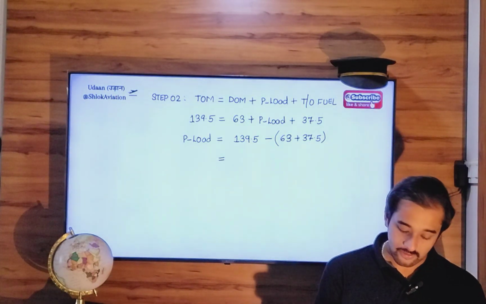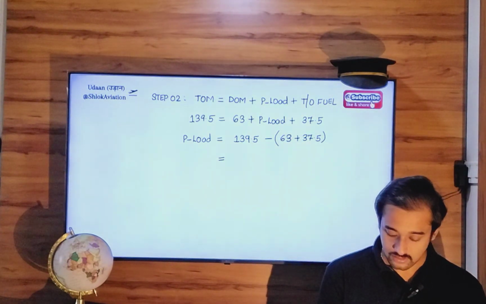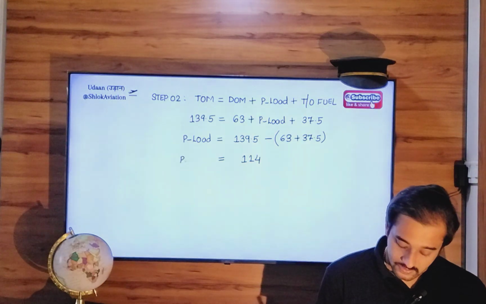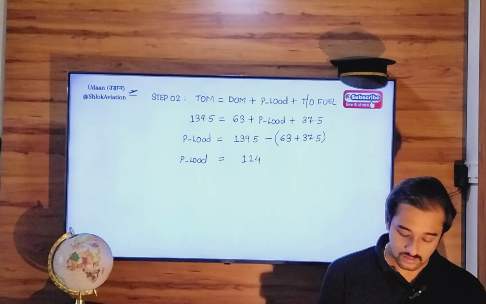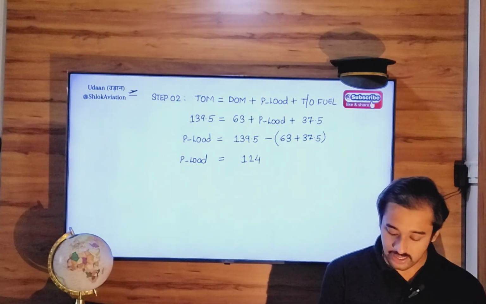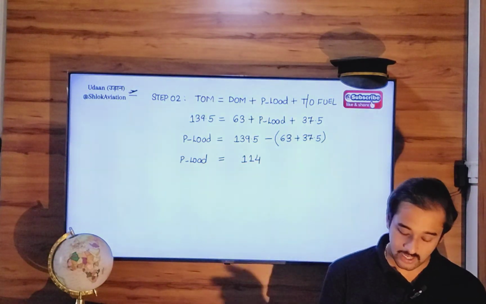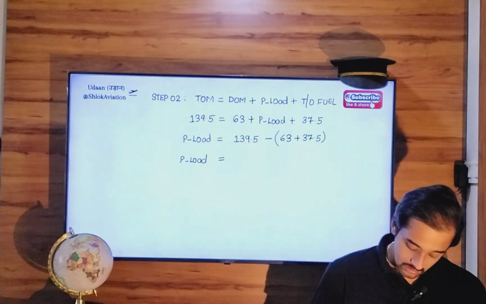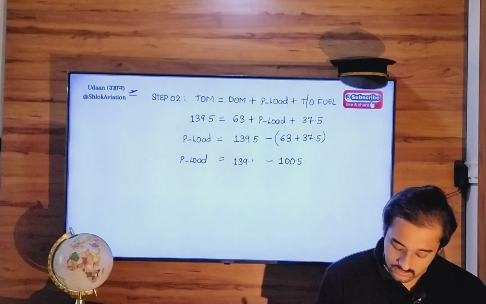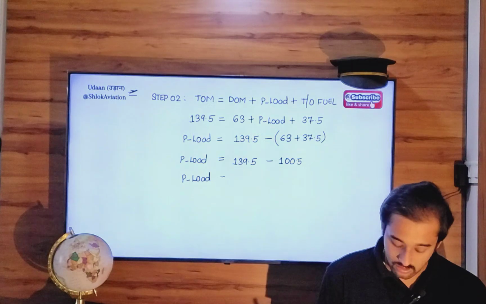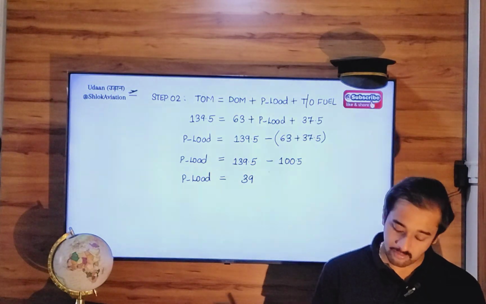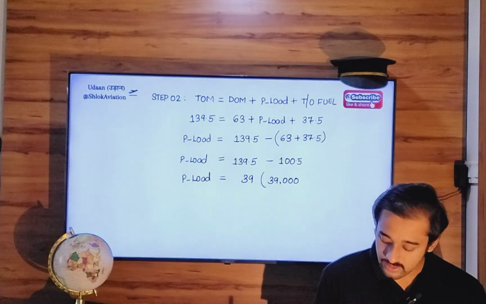So the answer is 39. So 39 is nothing but 39,000 kg.